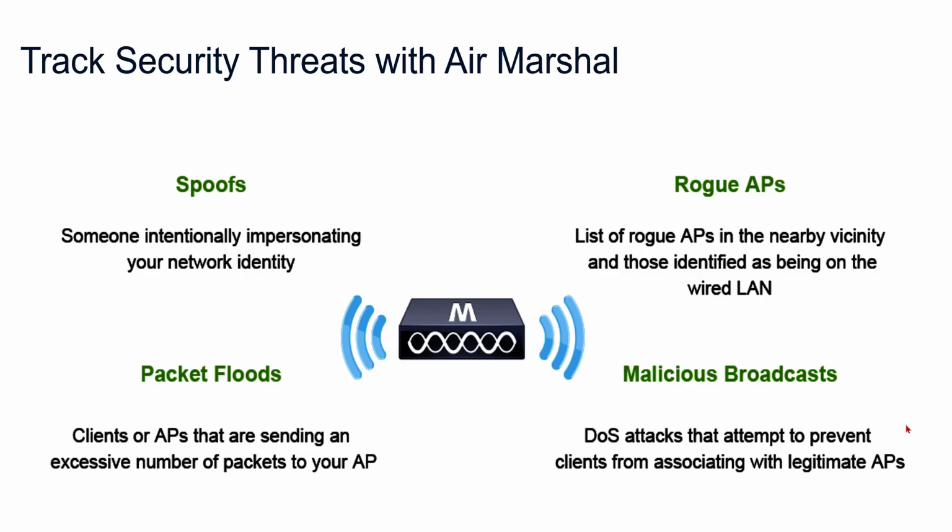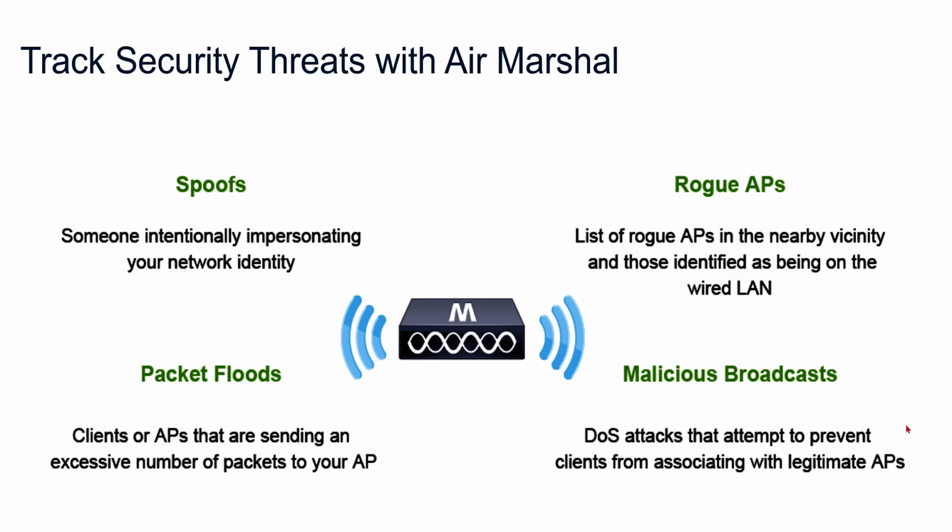Packet flooding for denial of service. Clients on an AP that are sending an excessive number of packets to your AP. Right? DoS floods, probe floods, association floods. The idea of those types of attacks is to overwhelm the network, cause outages, basically denial of service.